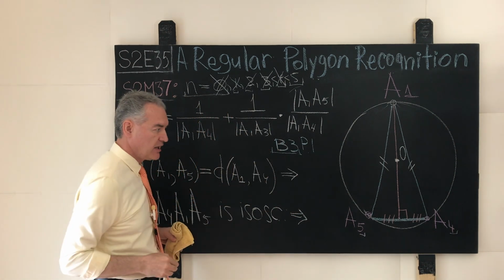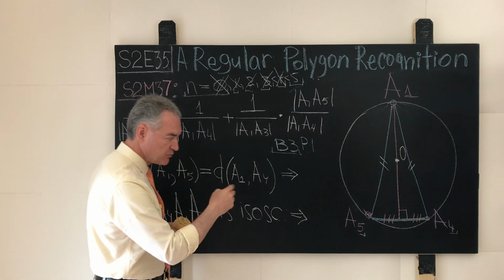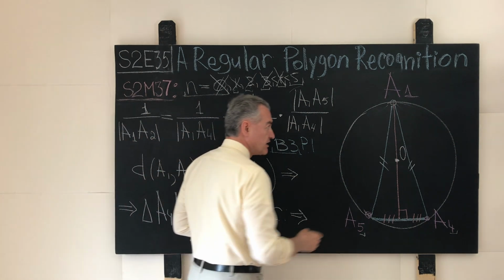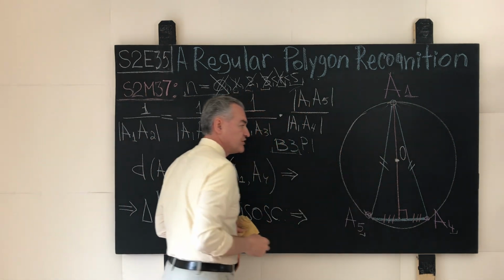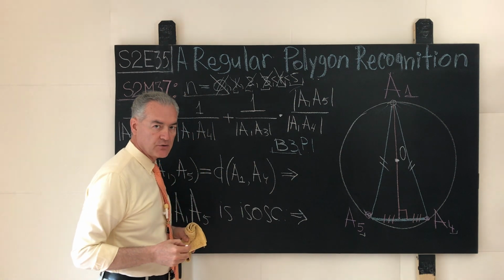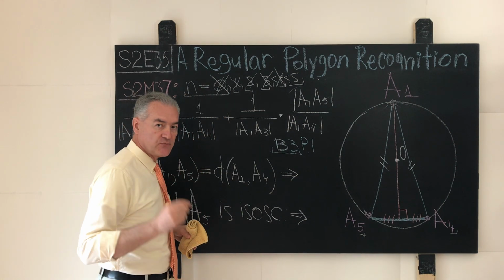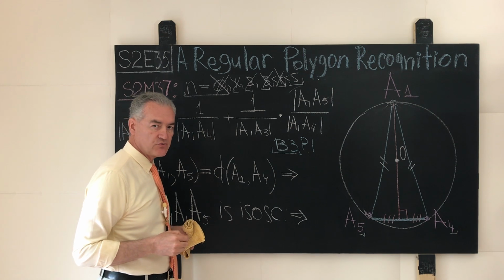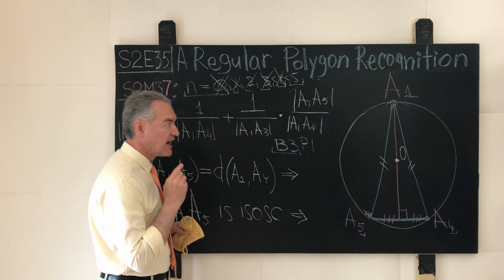You cannot stick in any other whole positive number between 4 and 5. That means that the number of vertices of our mystery regular polygon must necessarily be odd.